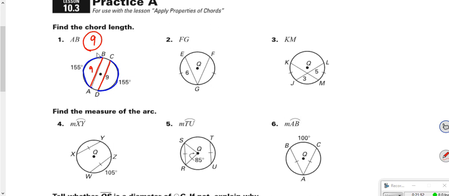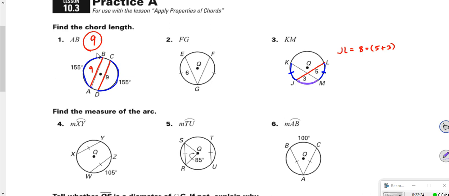KM. Okay, first of all, JL looks like the whole thing is 8. That's 5 plus 3. The other thing that I notice here is that this is congruent to this. Now they're just talking about this arc and this arc. They both share this arc.